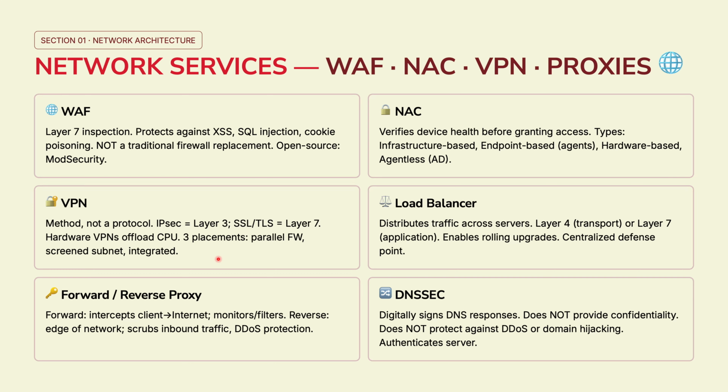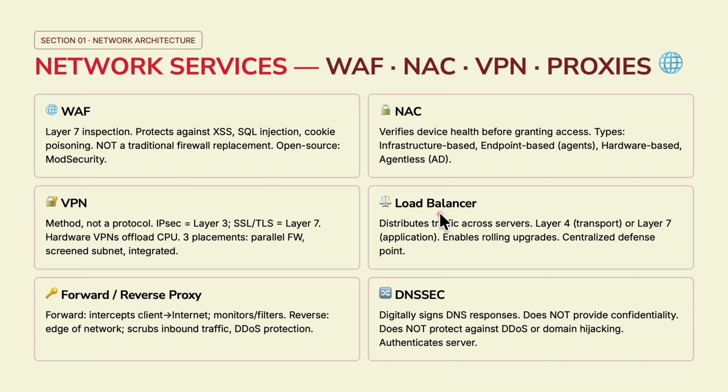The hardware VPN offloads encryption from the CPU, while software VPNs are easier to deploy. There are 3 standard placements: parallel to the firewall, within the screened subnet, or integrated into the firewall appliances.